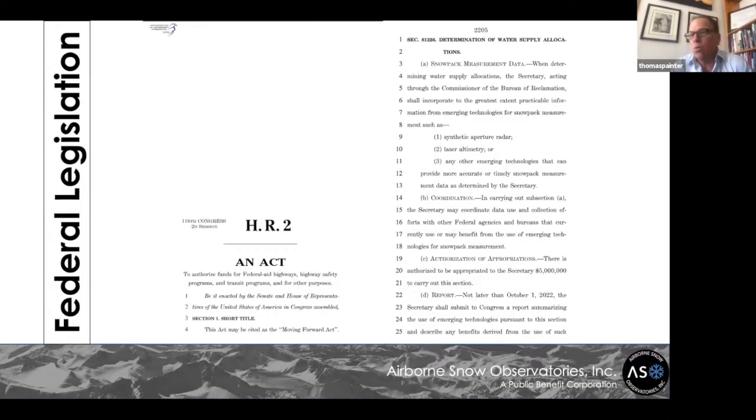But we also saw federal legislation, HR 2, which ultimately got woven into the omnibus bill and passed back in late December, I think it was. And this includes about 15 million across 5 years for seed funding for building out ASO programs throughout the Western US.